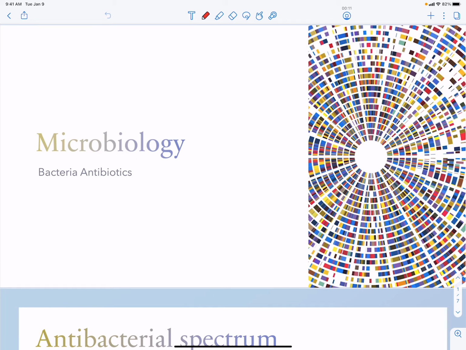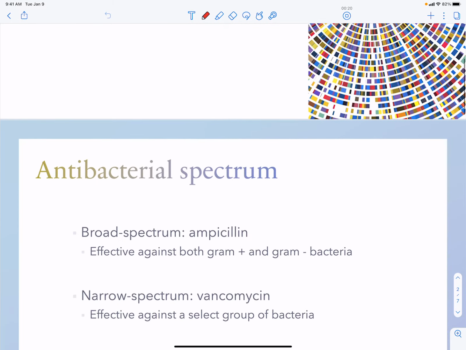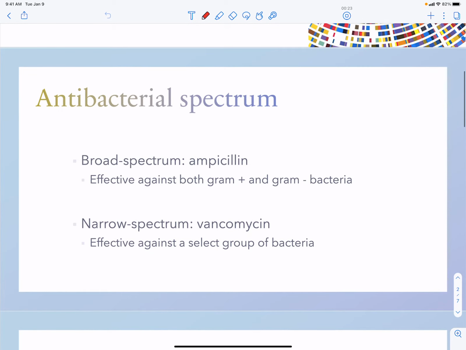Okay, so now we're going to talk about antibiotics, just in general. You'll also cover this in different pharmacology lectures as well. So the first thing to recognize with respect to antibacterial antibiotics in general is whether they are broad spectrum or narrow spectrum.